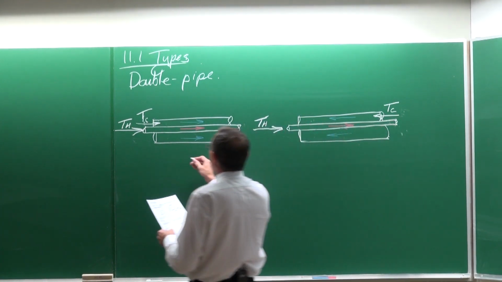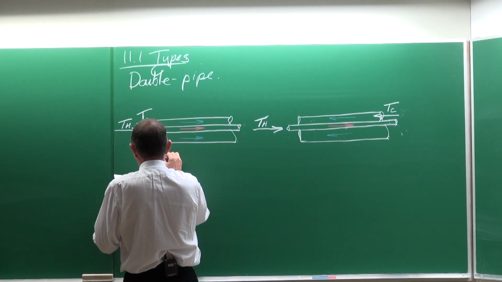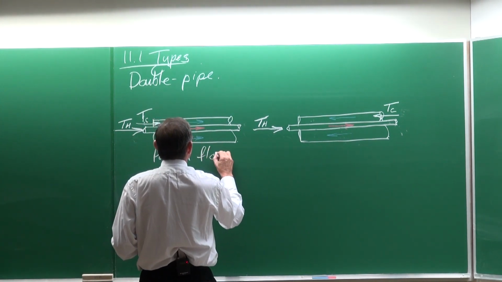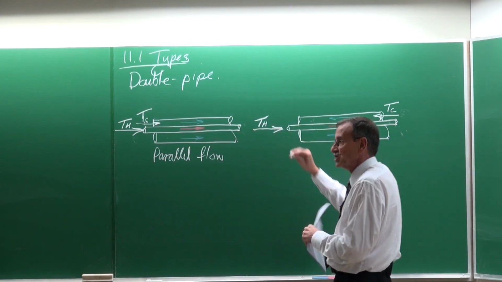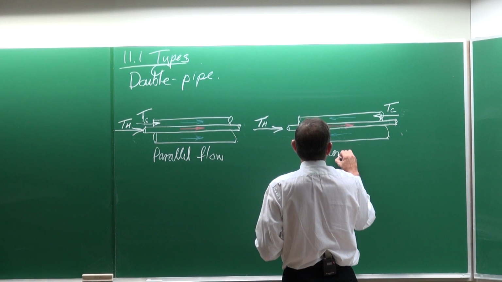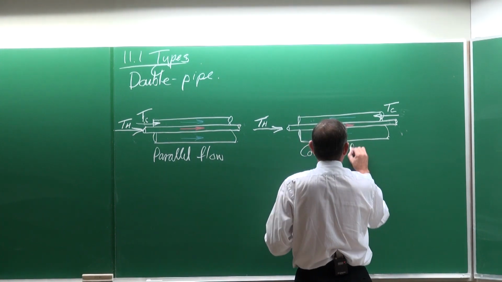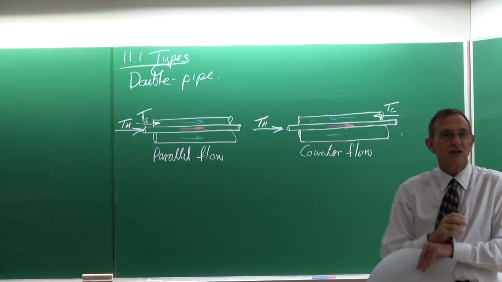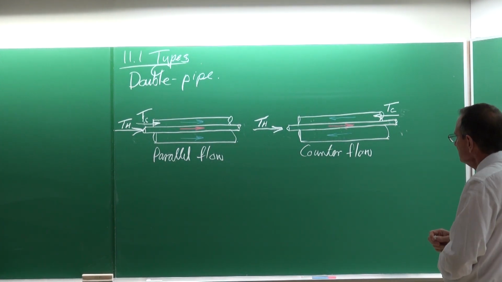So this is called a parallel flow heat exchanger. Why? Because the flow streams are parallel to each other, and this one is called a counterflow heat exchanger. Counterflow, because the two flow streams are in different directions.